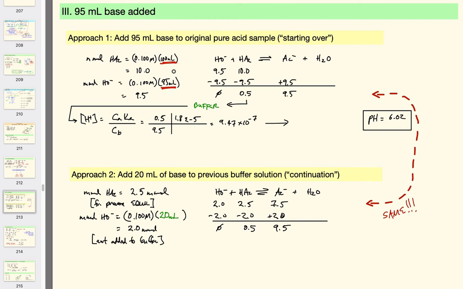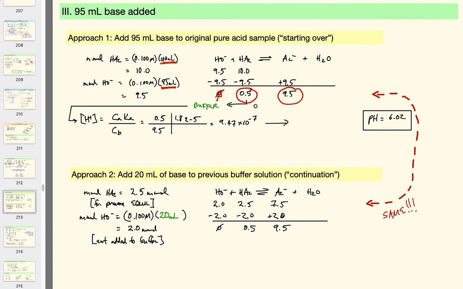So I'm just trying to get a point here that's before the equivalence point. Well, see, if I pretend I started over with 10 millimoles and I'm adding a full 95, we can do it that way. So what's going to happen? All of the OH is going to react. It's going to chew up most of my weak acid, and it's going to generate a large amount of acetate.